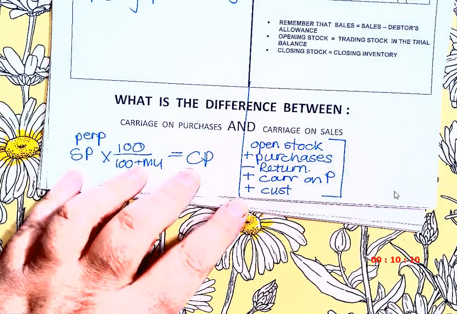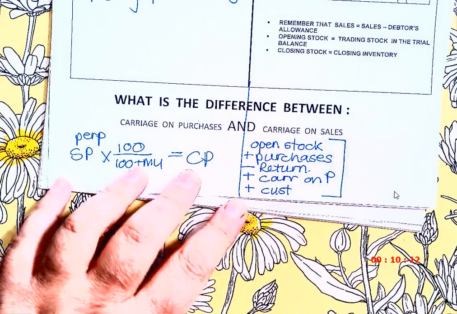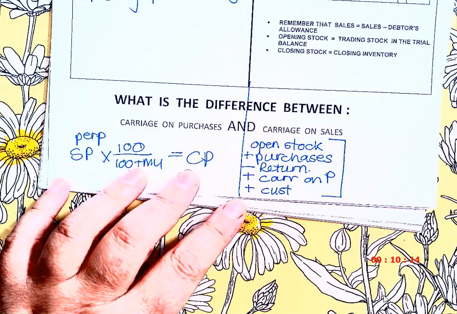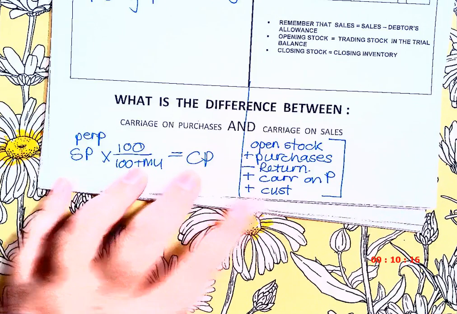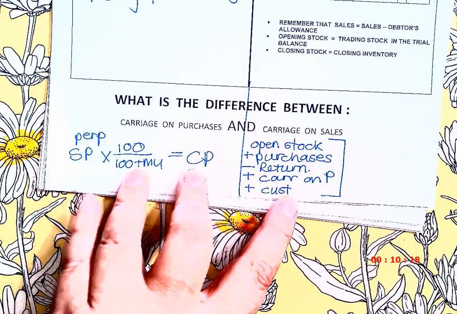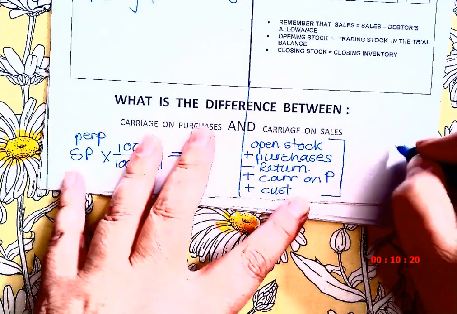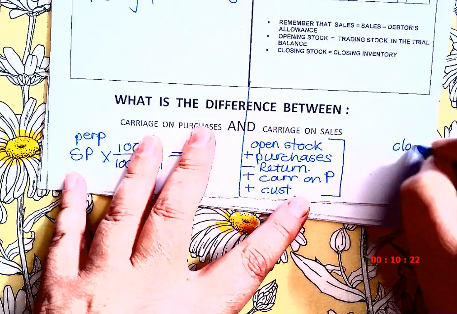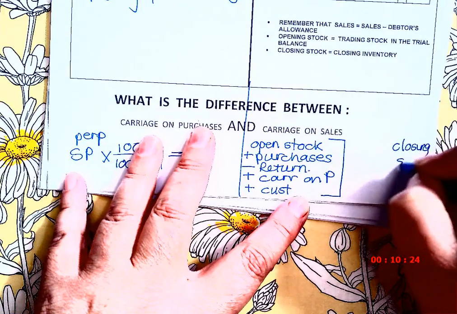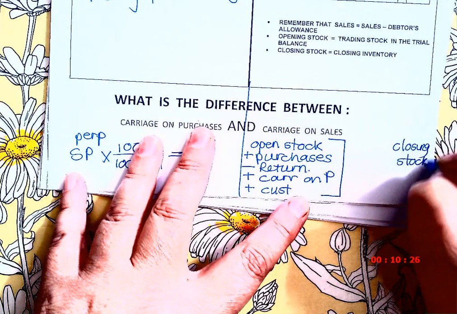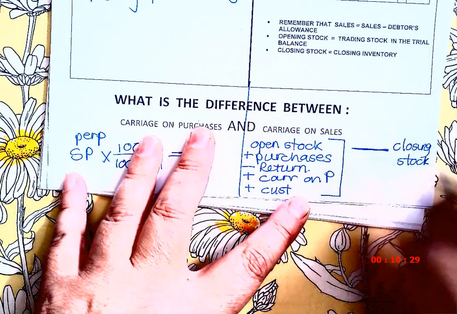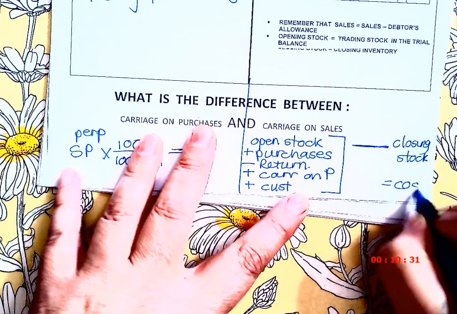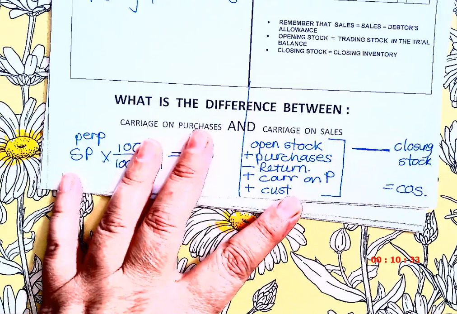How will I know what I sold? Now I want to know how much I sold, so I do another stock take. So now I have my closing stock. Can you see? And the difference between those two gives me my cost of sales, the cost of the goods that I sold.